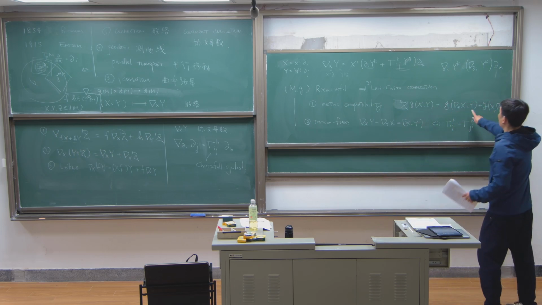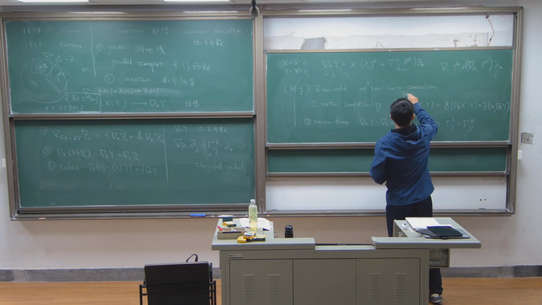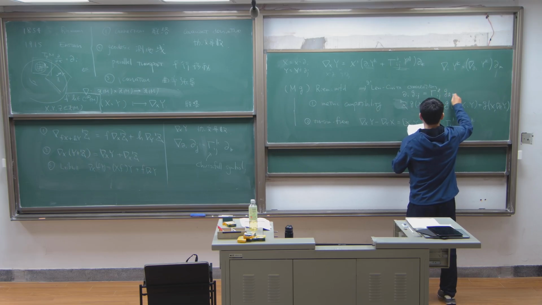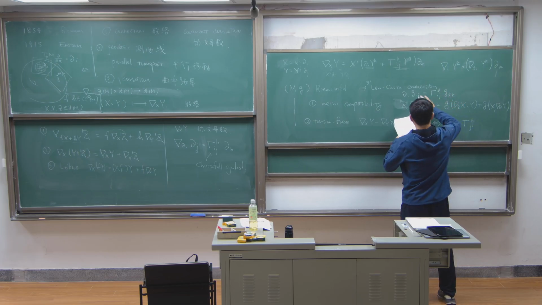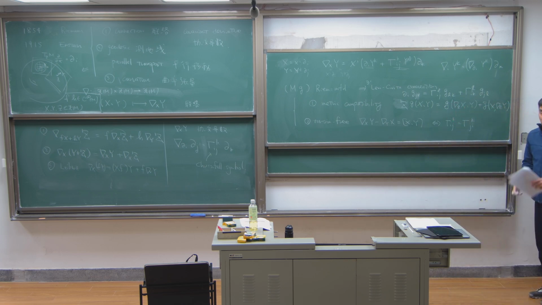And then if you use this one acting on the local metric, ∂_i g_jk is equal to, so this is satisfied.